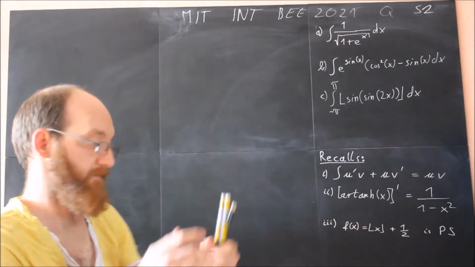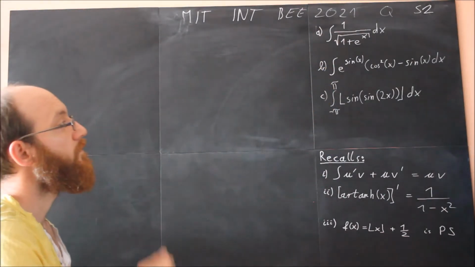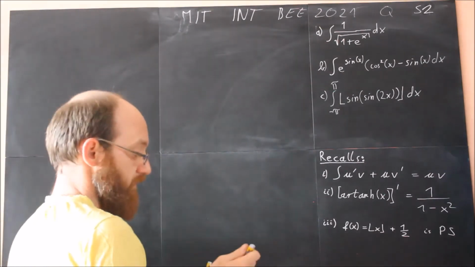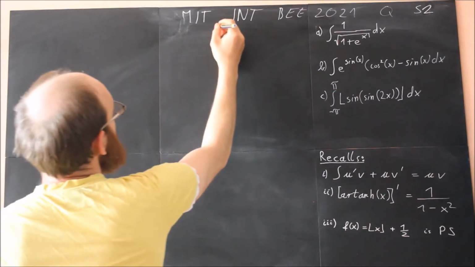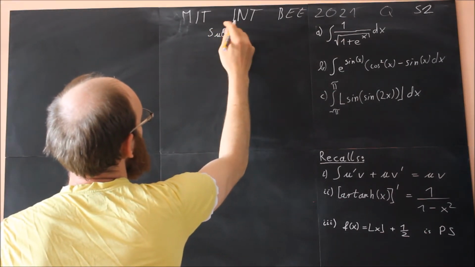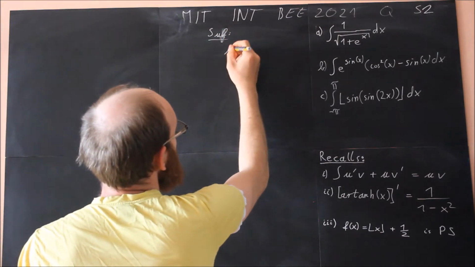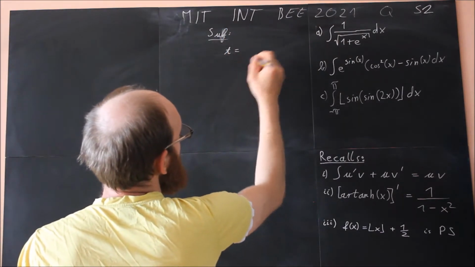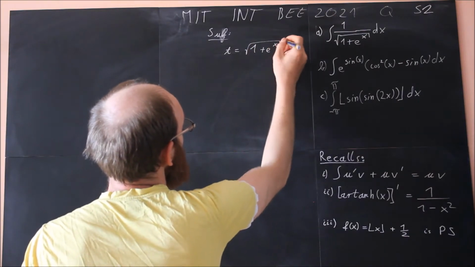And let's start. So the first integral, I would try a substitution, and we substitute the whole denominator, 1 plus e to the power x.